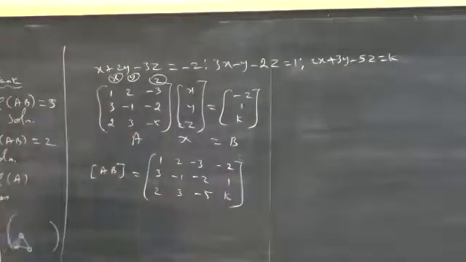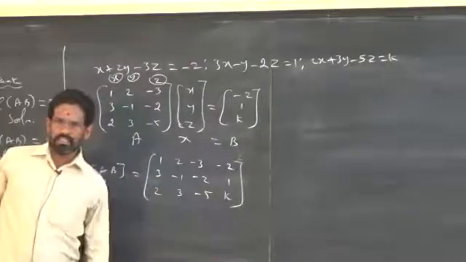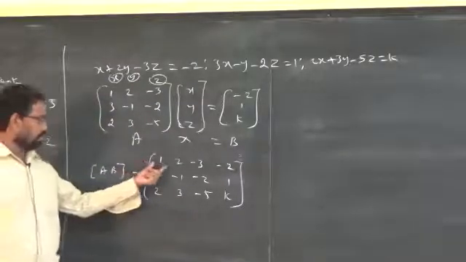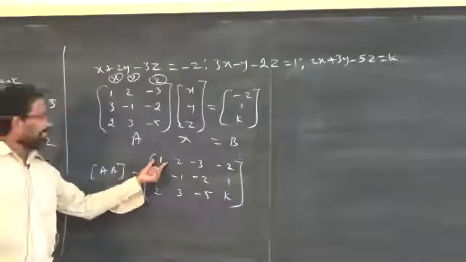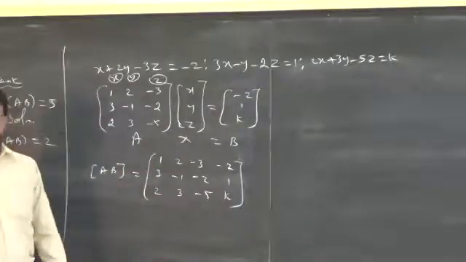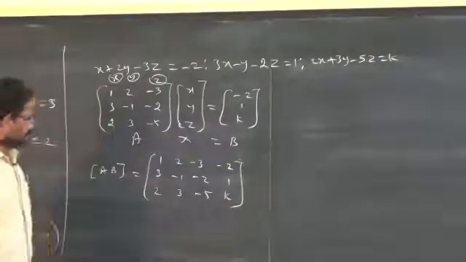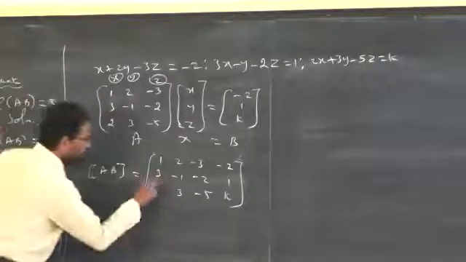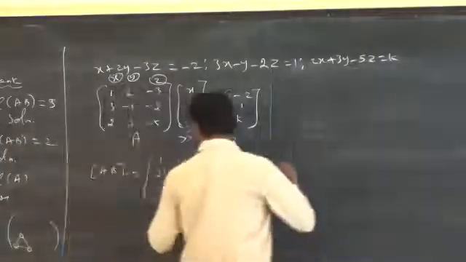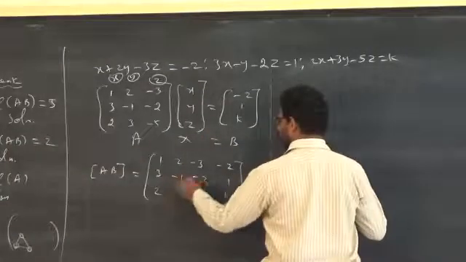As usual, you know how to find rank. I told you already in the last session itself. The first element of the first row need not be 1, it can be any number, but here we have 1. So, just remember the conditions. How to make the first element of the second row as 0?